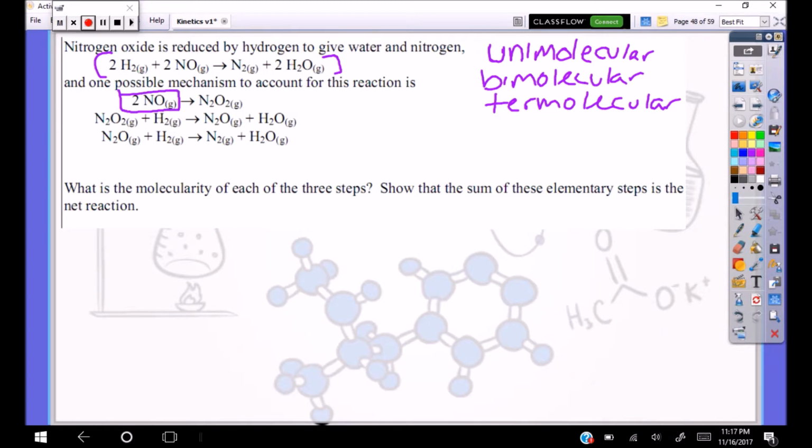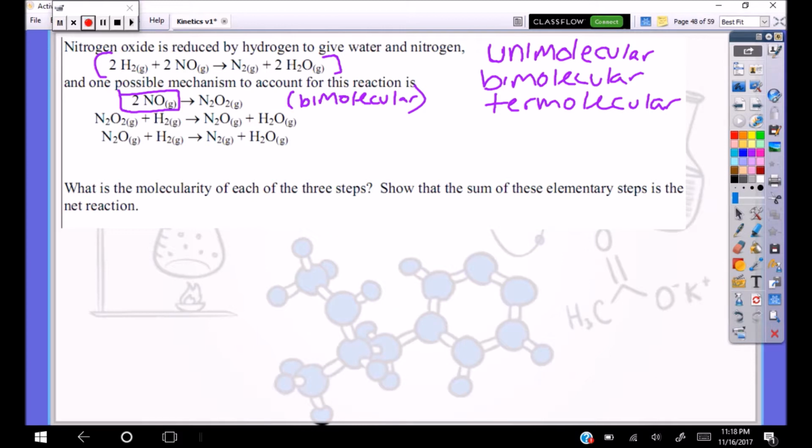How many possible reactants are colliding with each other here? This is the tricky part. There's only 1 reactant, but there's 2 molecules. So this first step is bimolecular, because there are two of the same particle.